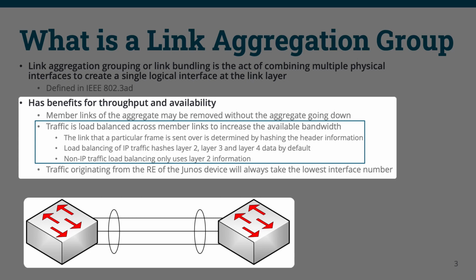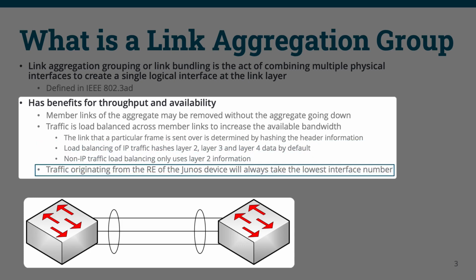Junos will also include Layer 4 information, so the TCP or UDP source and destination port numbers. This will have a much higher likelihood of evenly distributing the traffic between links, as each flow will end up directed to a particular link.